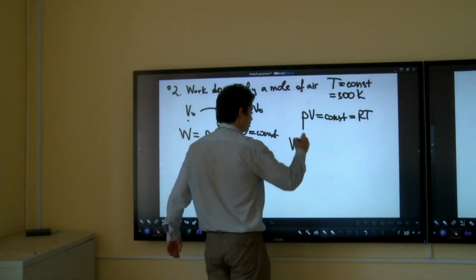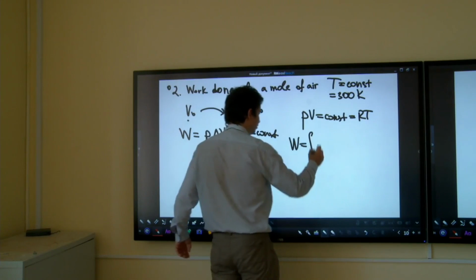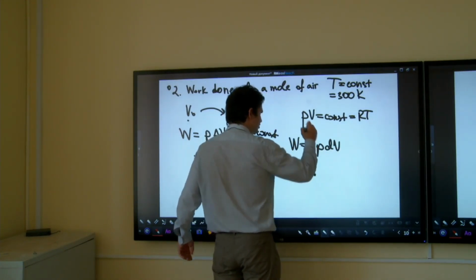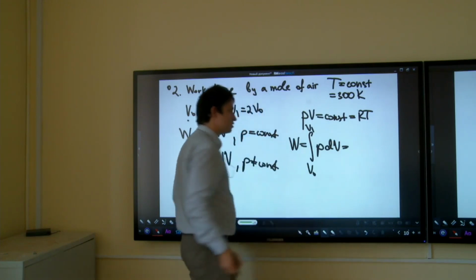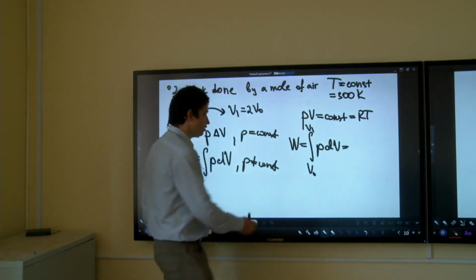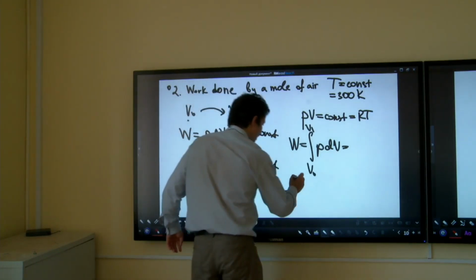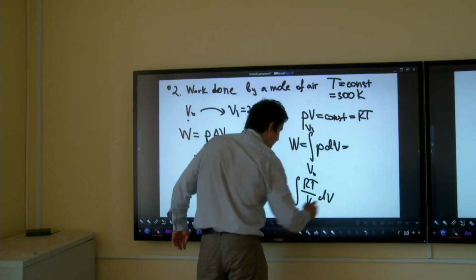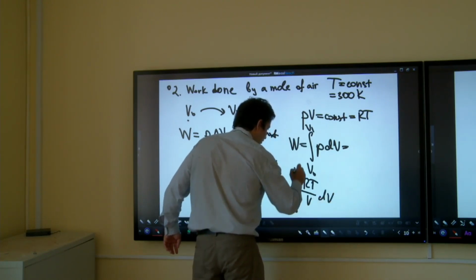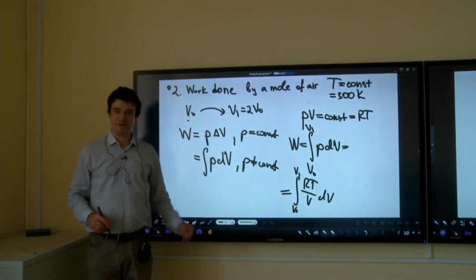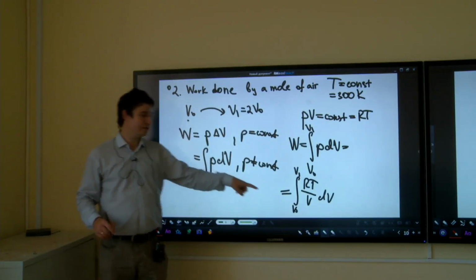So the work done would be an integral of P dV from V0 to V1. The pressure becomes a function of volume, so that is the integral of RT over V dV from V0 to V1. And now, what would be this integral?